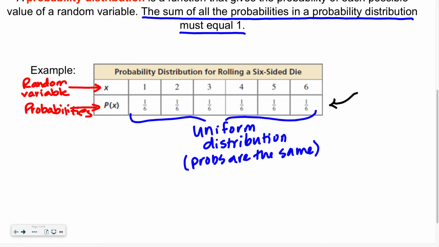So I could look at my sums here. I have 1/6 plus 1/6 plus 1/6 plus 1/6 plus 1/6 plus 1/6. Of course, we would already believe that is 6/6 or 1. So we're pretty well convinced that we've calculated all the probabilities. We're not missing an outcome or overcounting something.